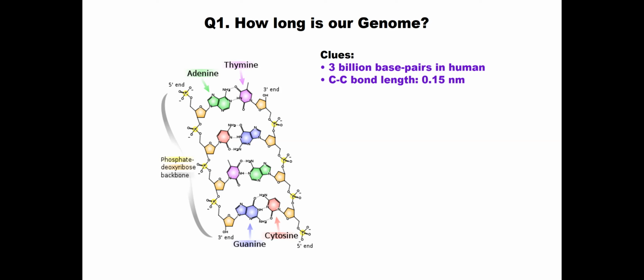You can count the exact number. From one unit of DNA to the next unit, how many bonds? 5 bonds. Does it look like 5? Does everybody have the same number?